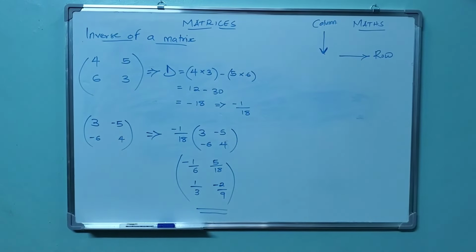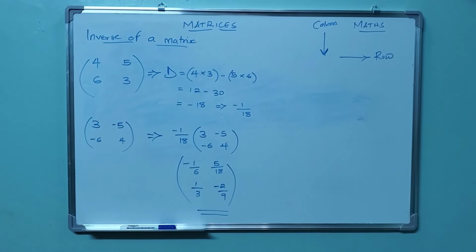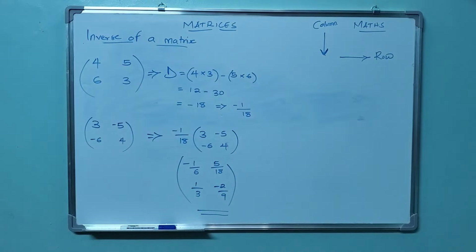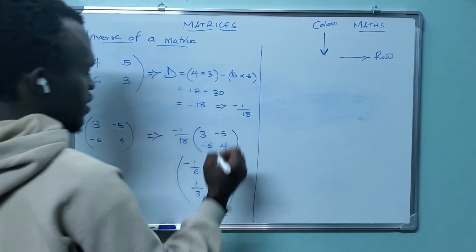Now, there's something interesting you're going to notice, and I want us to do it together, practically. What will happen if I decide to multiply the inverse of the matrix and the original matrix? Let us try that together.